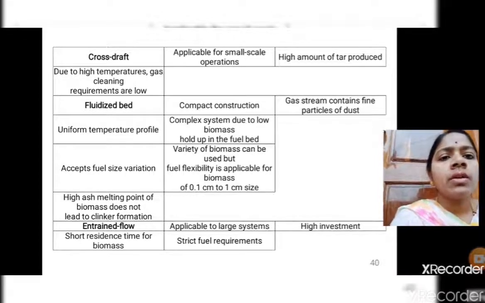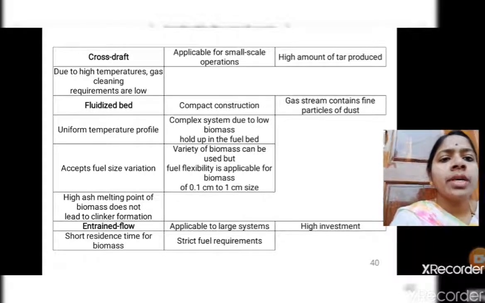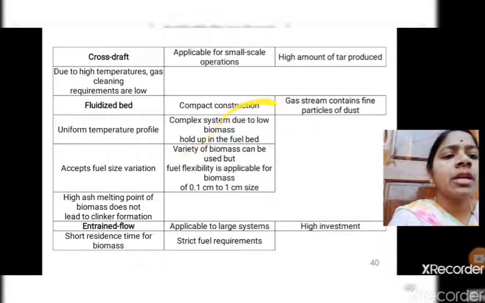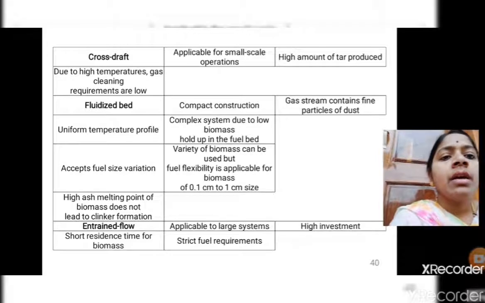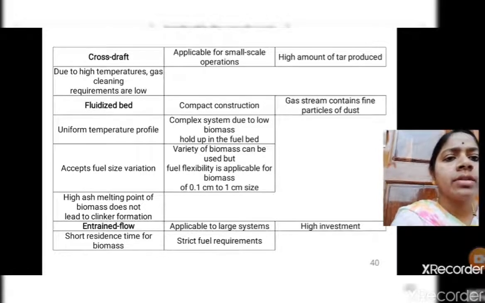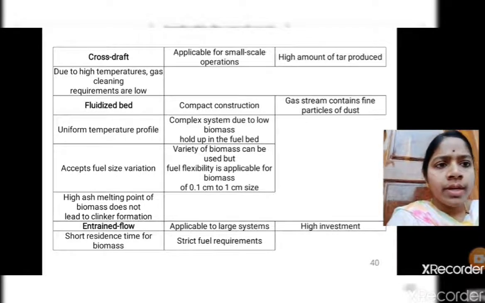Right, then the crossdraft. The major characteristic of the crossdraft is that, due to high temperature, the gas cleaning requirements are very low. In the crossdraft you have seen that the gas enters at the oxidation hearth and exits above the hearth. That means it does not need any extra cleaning for a gas that contains, for example, ash or suspended particles.